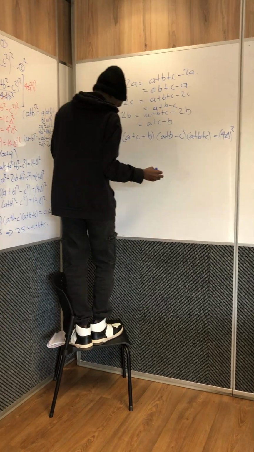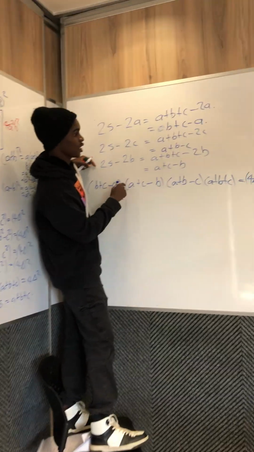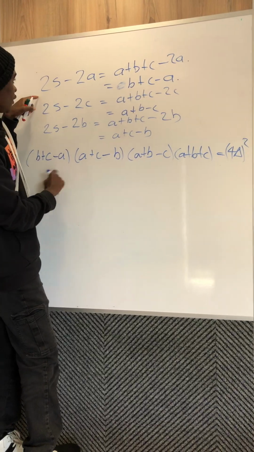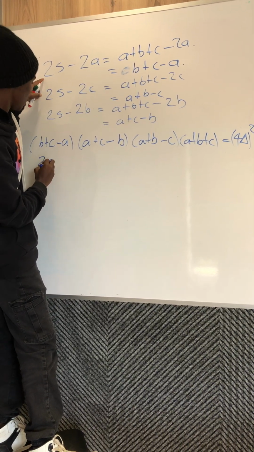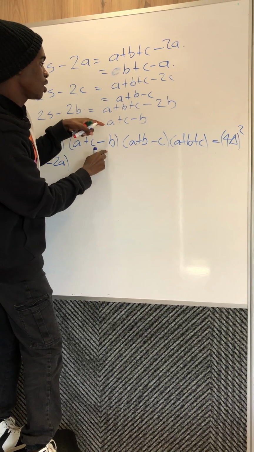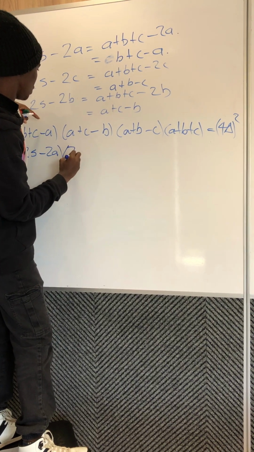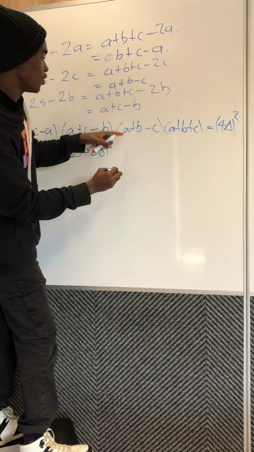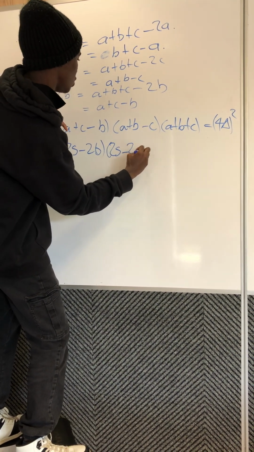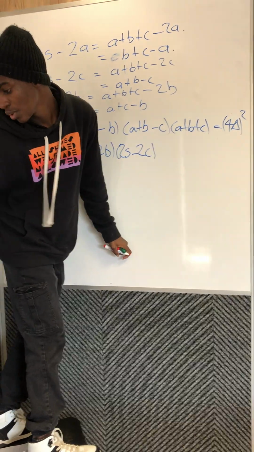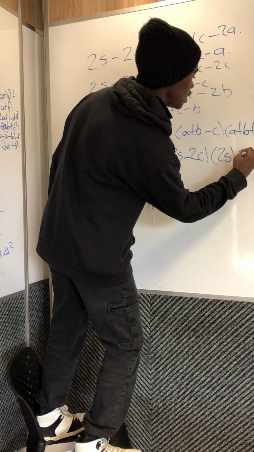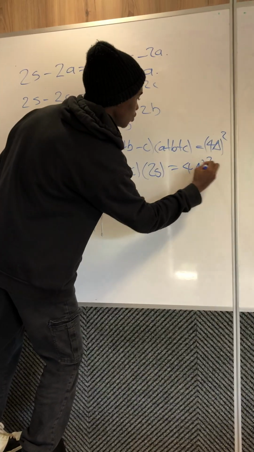As you can see, this is b plus c minus a, which is the same as 2S minus 2a. And a plus c minus b is 2S minus 2b. Then a plus b minus c is 2S minus 2c. And a plus b plus c is 2S. So here it is going to be 2S minus 2a, 2S minus 2b, 2S minus 2c, and 2S, equal to 4 delta squared.